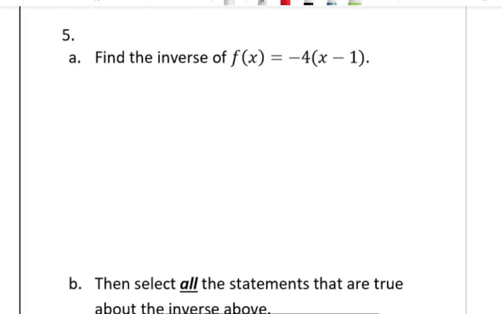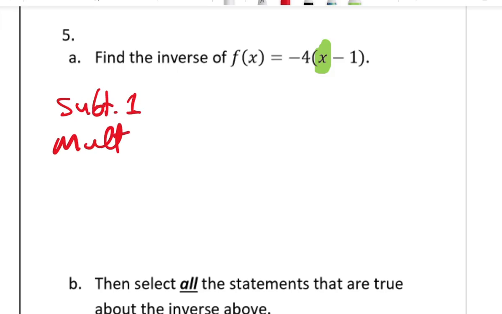Okay, we're going to find the inverse here. Let's watch what happens to x. First, you subtract 1. Then you multiply by negative 4 in that direction. So we're going to reverse the steps, reverse order. The opposite of multiplying by negative 4, dividing by negative 4.